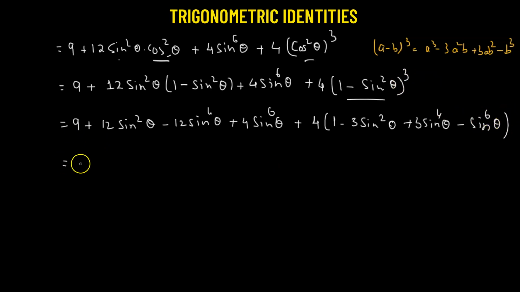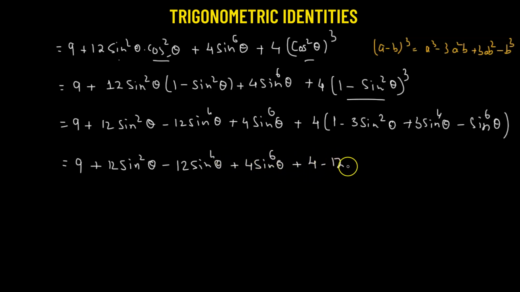Fine. So let's now do the final simplification. So we have 9 plus 12 sine squared theta minus 12 sine theta whole raised to the power of 4 plus 4 times sine theta whole raised to the power of 6 plus 4 minus 12 sine squared theta plus 12 sine theta whole raised to the power of 4 minus 4 times sine theta whole raised to the power of 6.